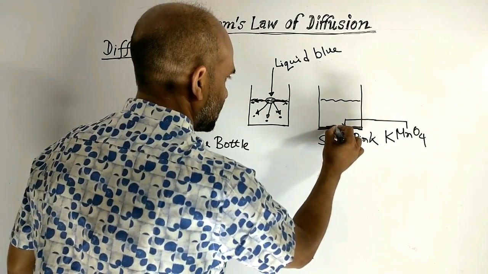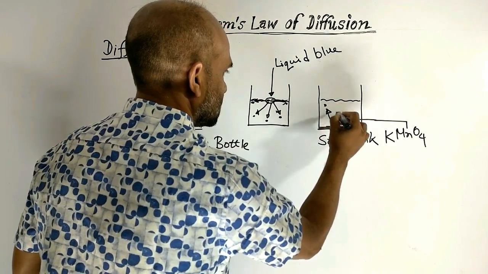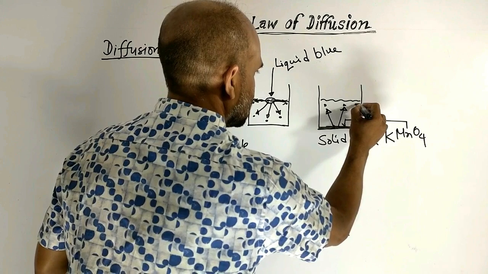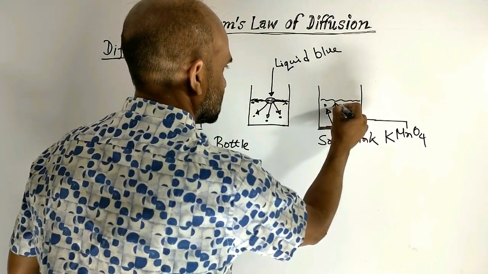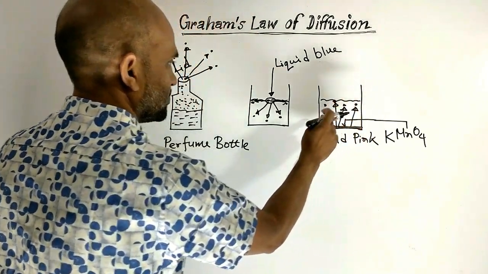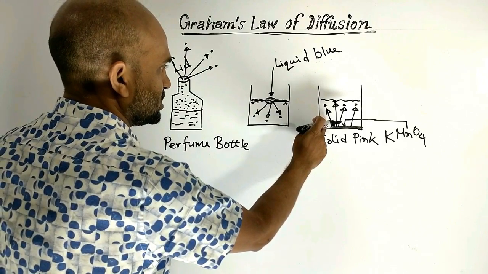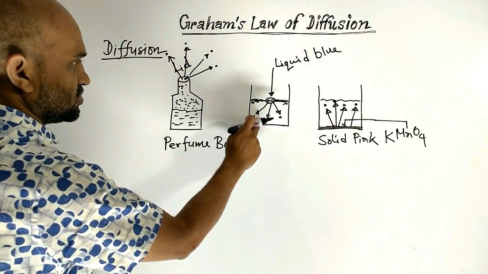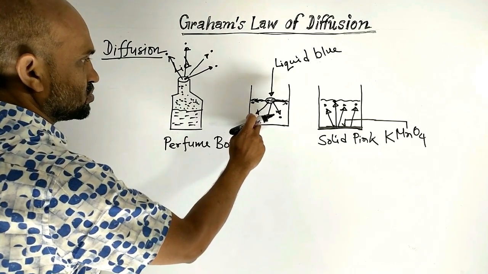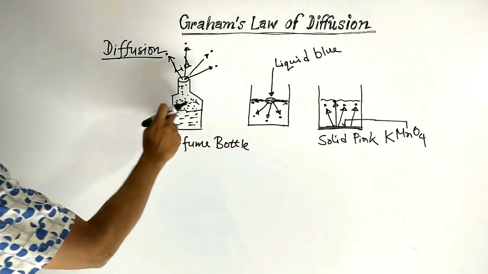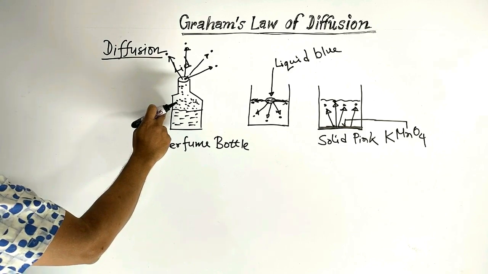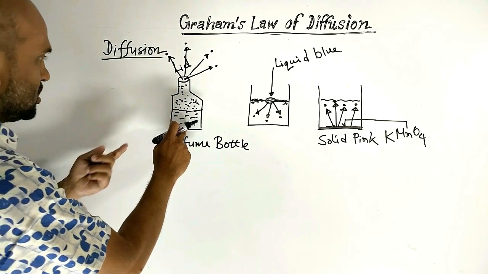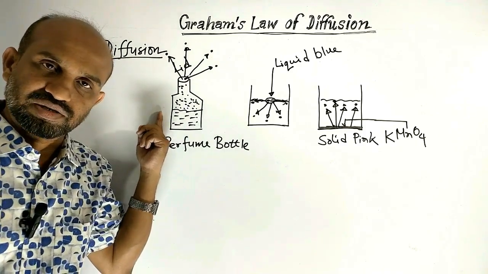Molecules of potassium permanganate move spontaneously, and as a result, after some time, the whole liquid becomes pink. Here, after some time, the whole liquid becomes blue. Here, after some time, the region around the perfume bottle becomes scented.